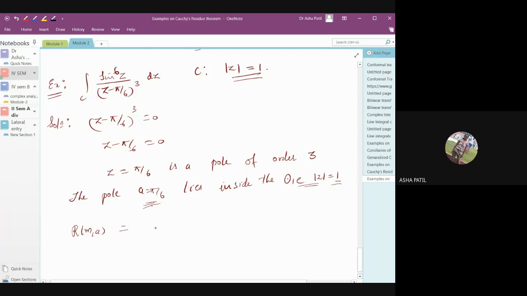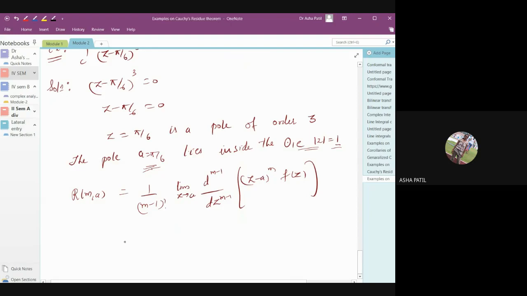Residue is 1 upon m minus 1 factorial, limit z tends to a, m minus 1th order derivative of z minus a raised to m into f of z. So what will you get? 1 divided by, what is the residue now? The residue is at pi by 6 and order is 3.